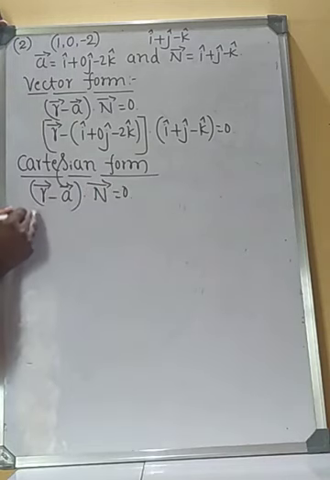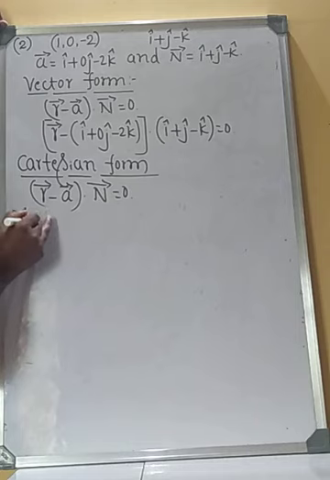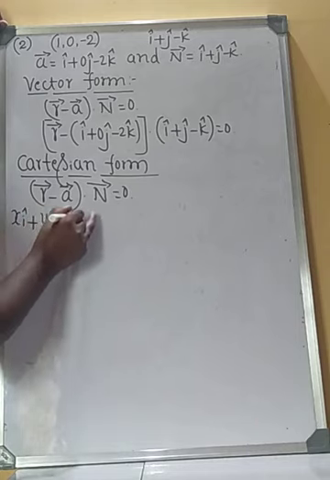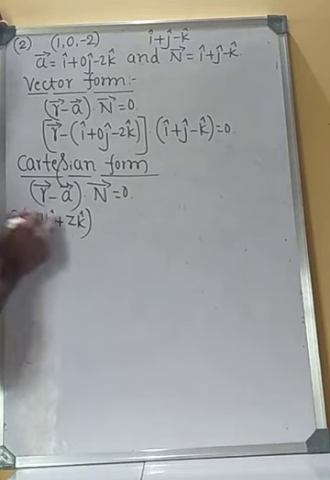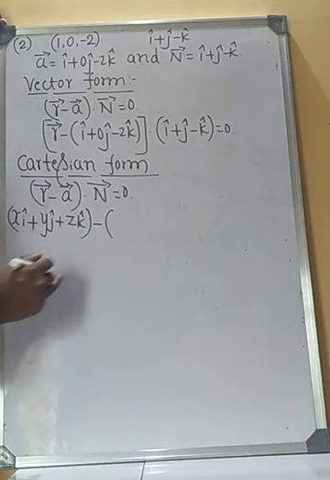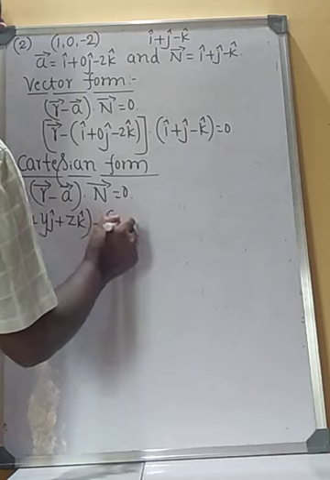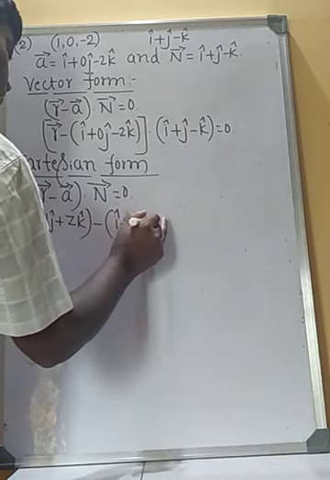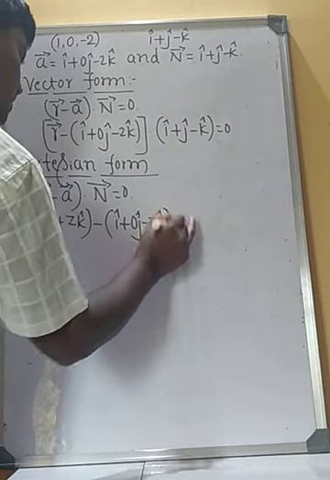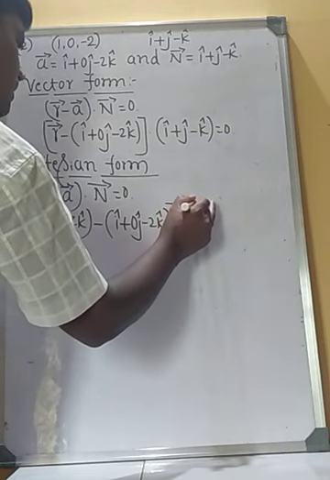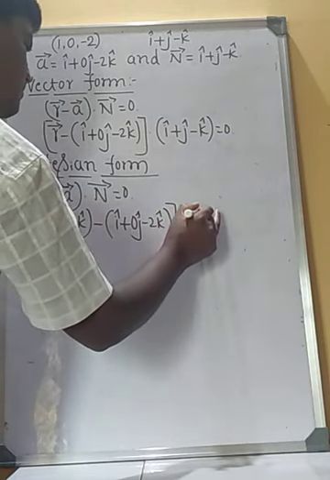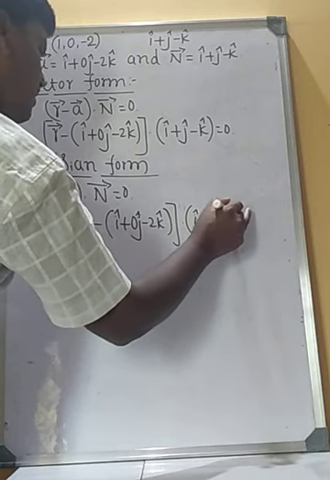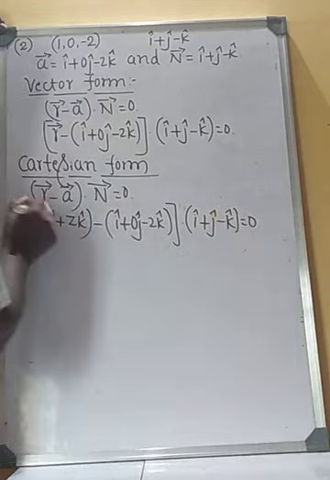Here r vector is xi plus yj plus zk, minus vector a is i plus 0j minus 2k, dot n vector is i plus j minus k equal to 0.